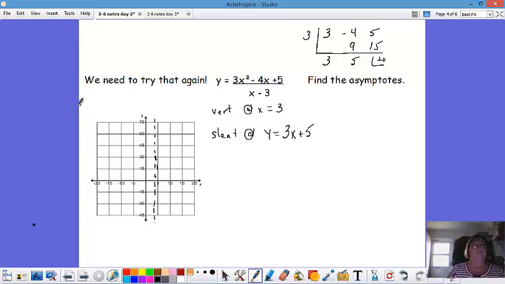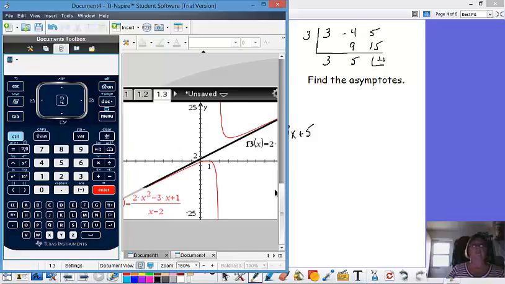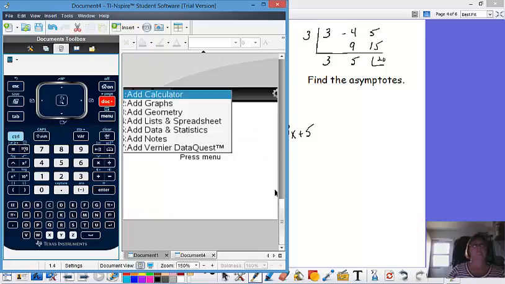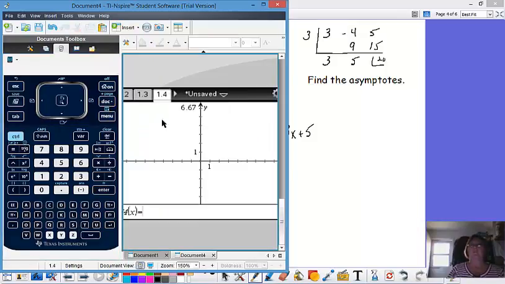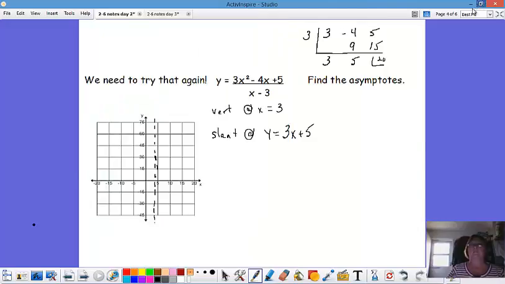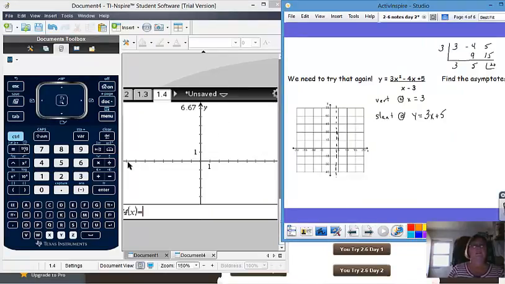Actually, I'm going to just go right for my calculator and a new graph page. And let's see, grab that equation again.